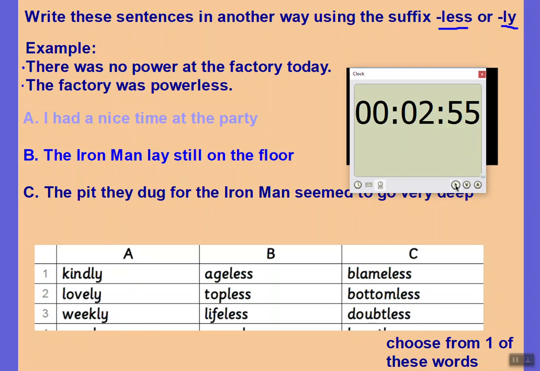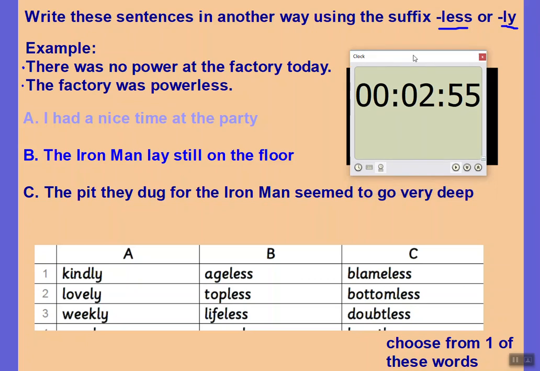If you're in Group B, you can do Group C sentence. If you're in Group A, do Group B sentence. Group C, see if you can do all 3 sentences, or even come up with a different word with the suffix to change it. Okay, you've got 3 minutes on the clock. So you need to write the whole sentence, not just the word you're going to use. You need to write the whole sentence, like I have done here.